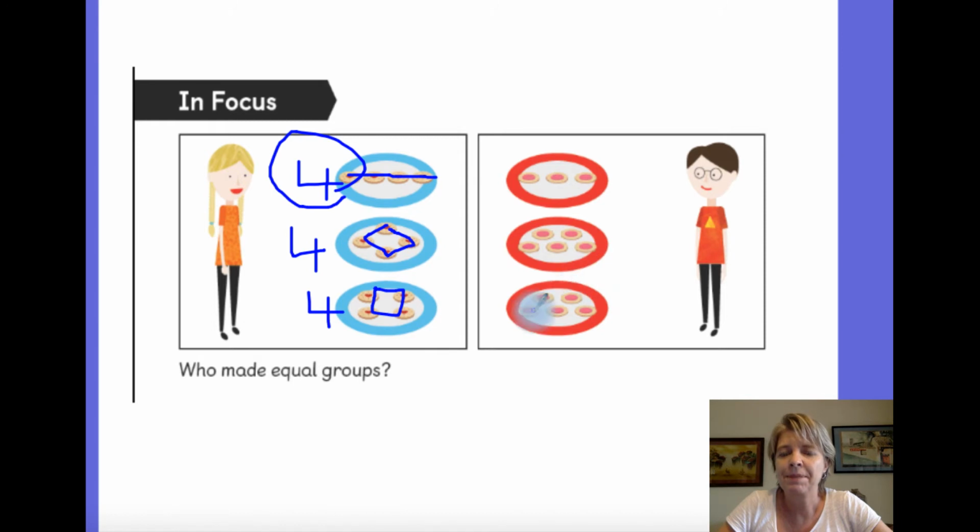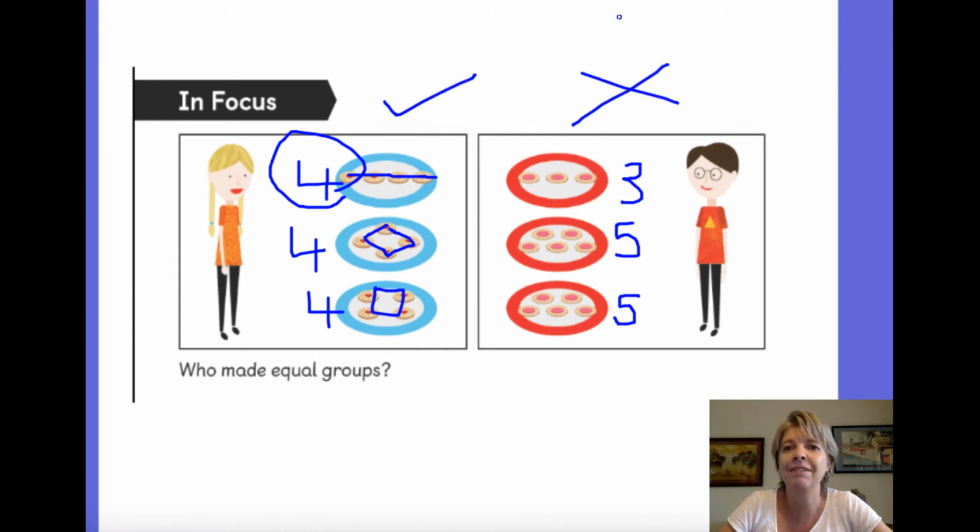How about the boy? He's got 5, he's got 5, and he's got 3. So are his groups equal? No, they are not equal. Her groups are equal.